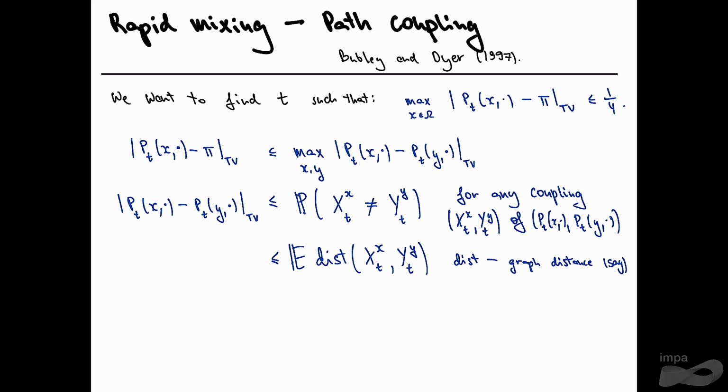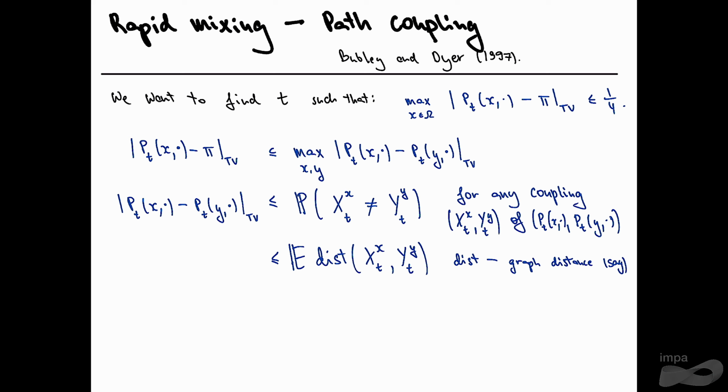And this probability can be upper bounded by just the expectation of the graph distance between the positions of X_t and Y_t. If you are not in the same place in the graph, then you're at least at distance 1, so we can bound by the expectation.